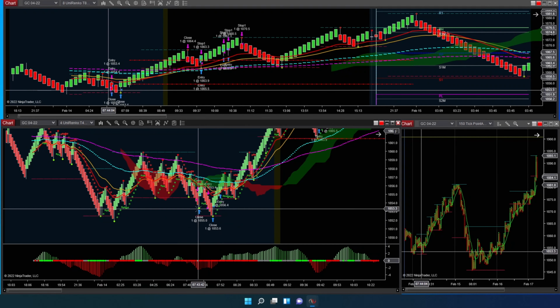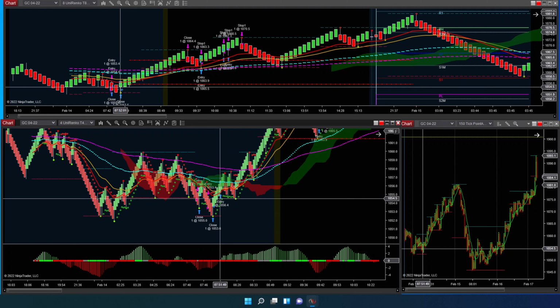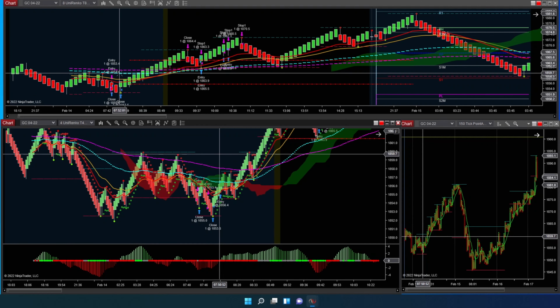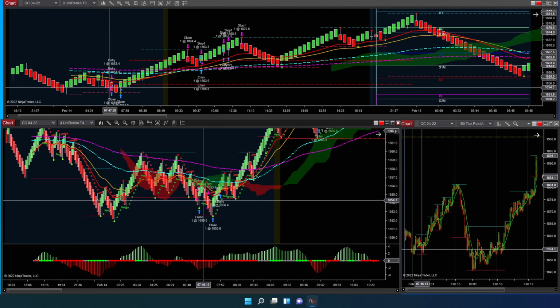So the first one here was at a quarter to 8 right here, and if you see here, I'm bearish. All the moving averages are pointing to the downside, and they were stacked. So my thought in here was, okay, this one is going to break, but I was wrong again. So I took a hit.